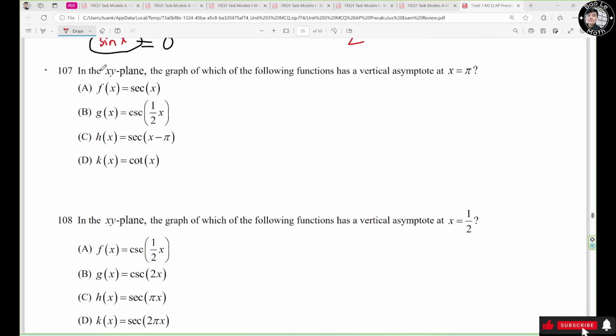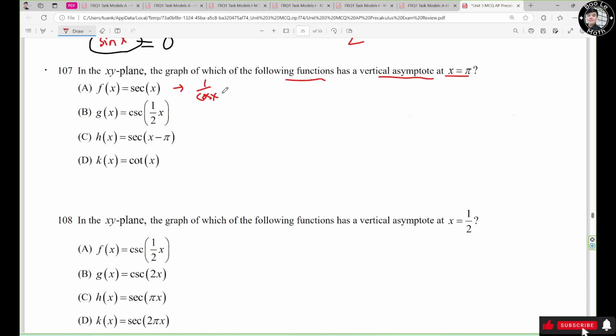Now question 107. In the xy plane, the graph of which of the following functions has a vertical asymptote at s equals pi? In order to find the vertical asymptote, you need to convert it to a sine and cosine function. So this one turns out to be 1 over cosine s.